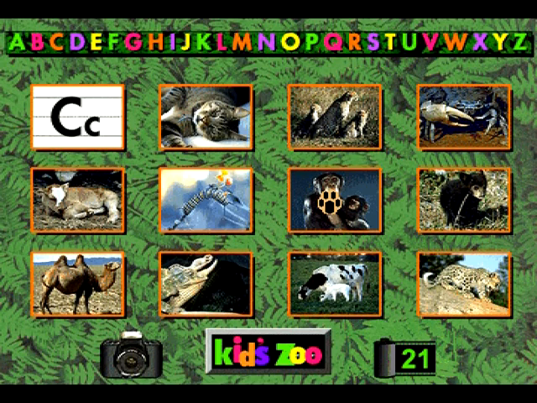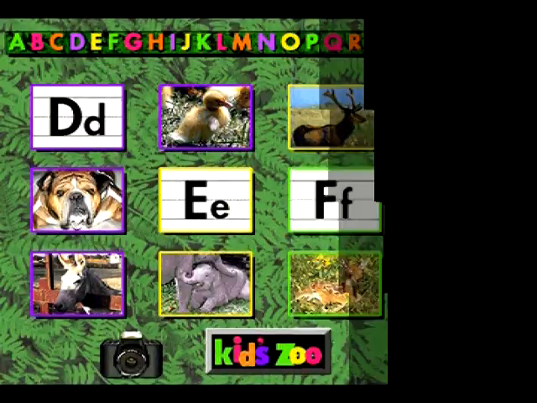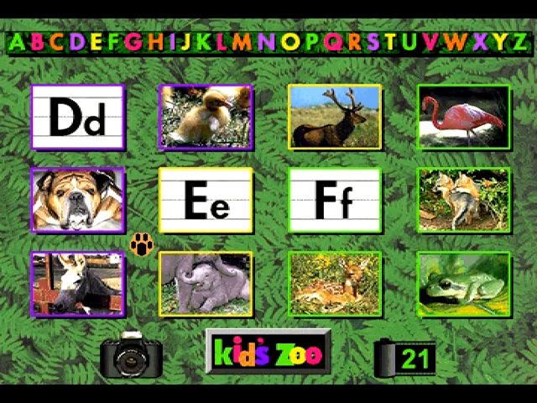You're right. You're doing great. Click on the spotted baby animal that grows up to be a deer. Fawn. You're right. Click on the yellow baby bird with a bill.